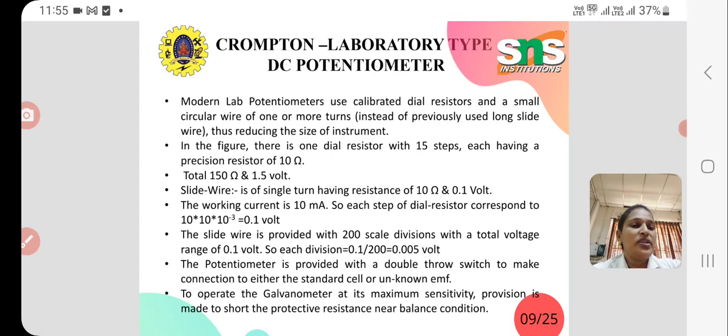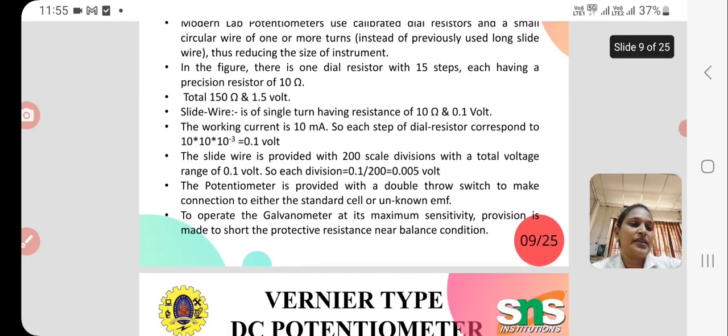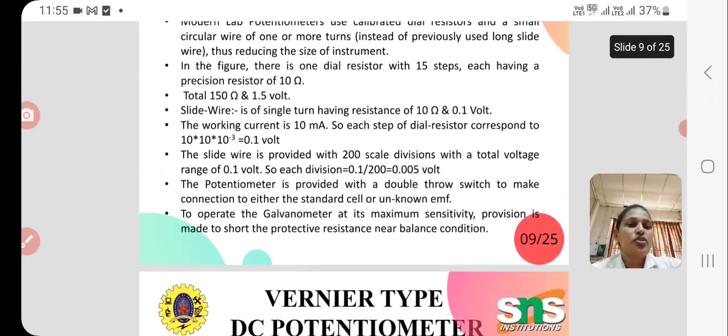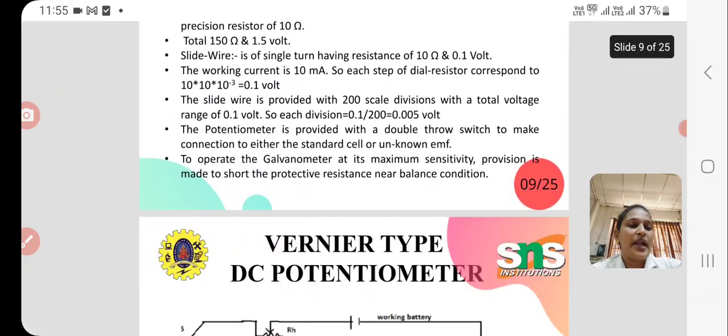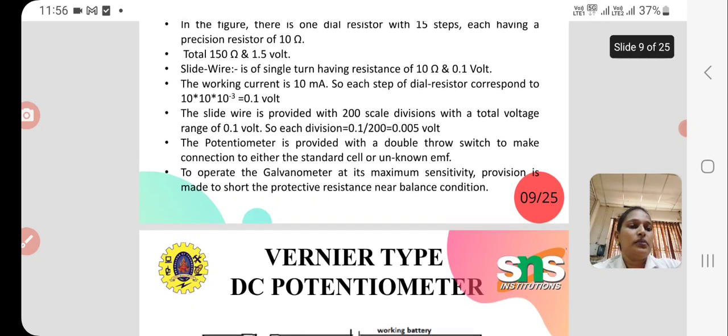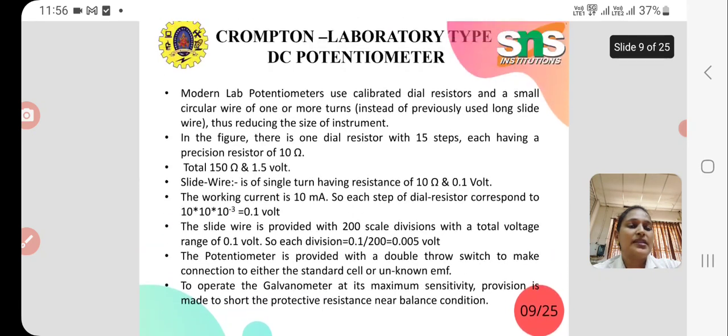The potentiometer is provided with a double throw switch to make the connection between the standard cell or the unknown cells. To operate the galvanometer at its maximum sensitivity, provision is made to short the protective resistance near the balance conditions.